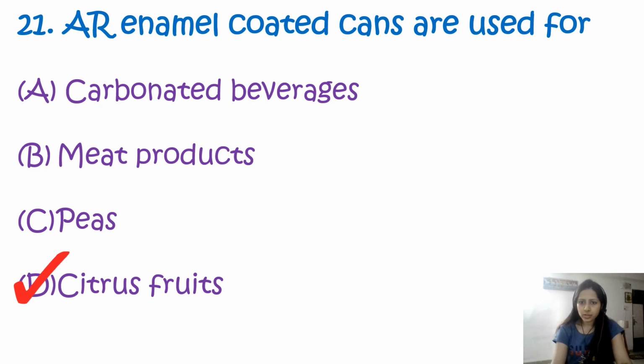The AR enamel provides a protective barrier, which ensures that the fruit remains fresh and flavorful while maintaining the integrity of the packaging. So option D is the correct option.